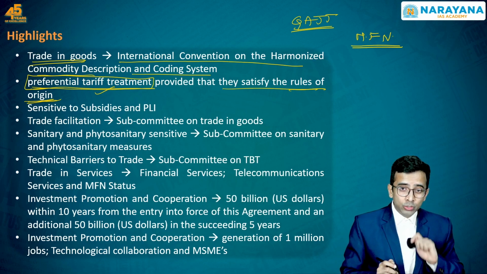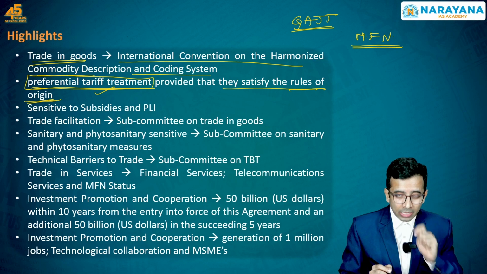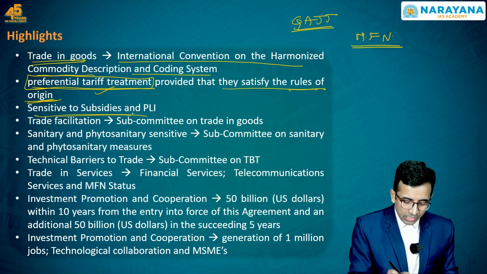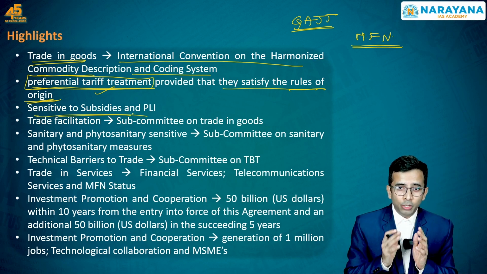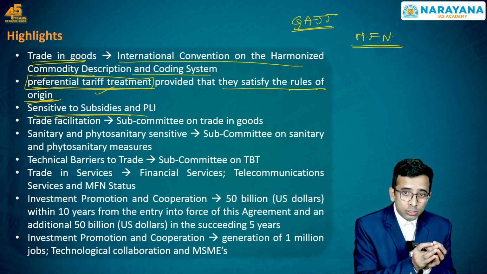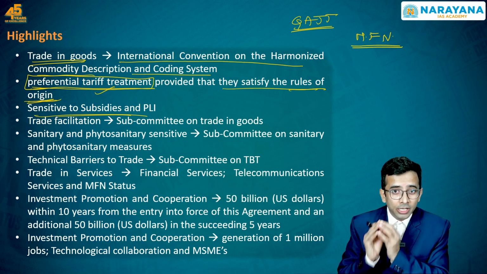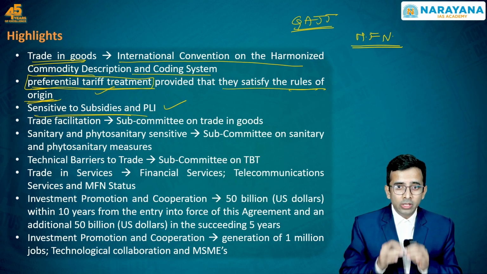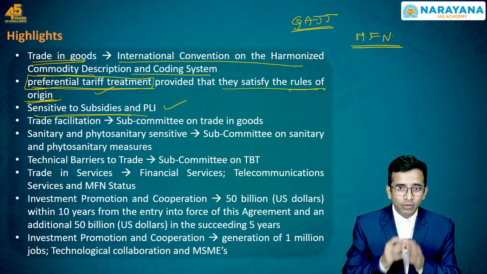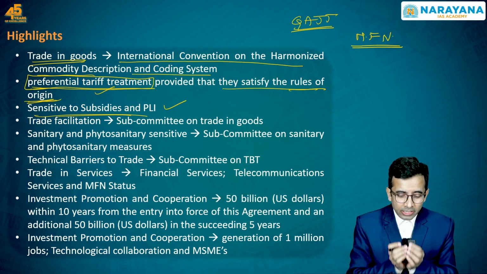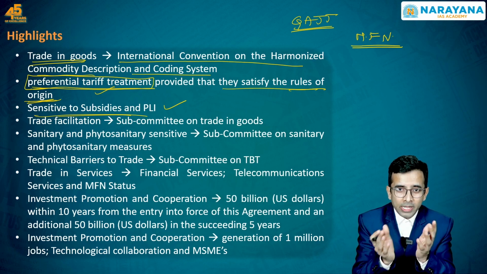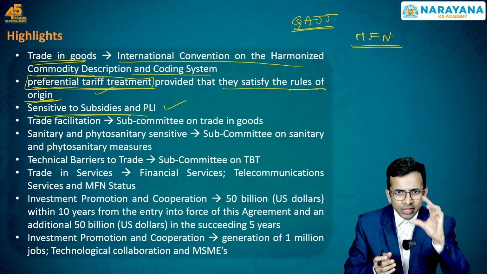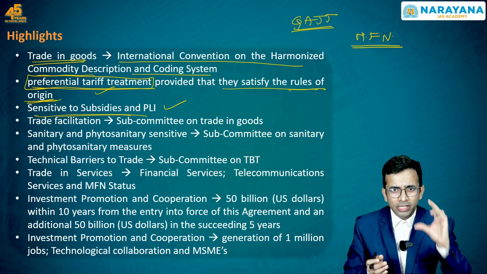Third, as you see this particular agreement, it clearly says that it is sensitive to subsidies and also production linked incentives, which is a positive thing from the perspective of India. Government procurement has been included as a separate chapter, even though it is the smallest chapter in the entire agreement.